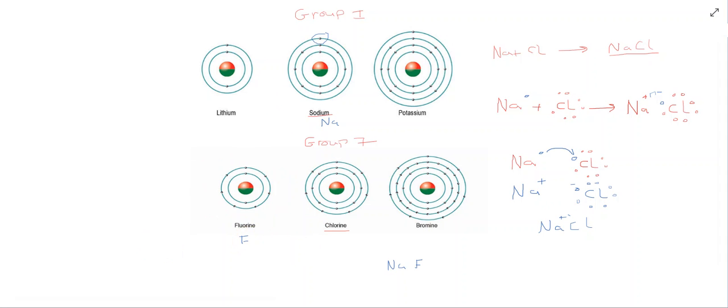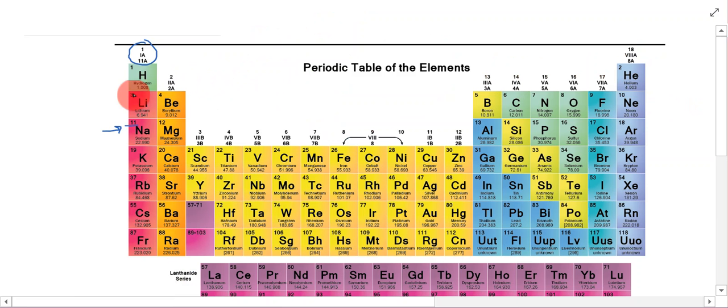Now, another way to look at it on the periodic table: as you move across the periodic table, if we take, for example, lithium and sodium, it's much easier for these atoms to lose electrons because of the screening effect, and also because the nuclear force isn't as strong. But as you start moving across the periodic table, the atomic number actually starts to increase.